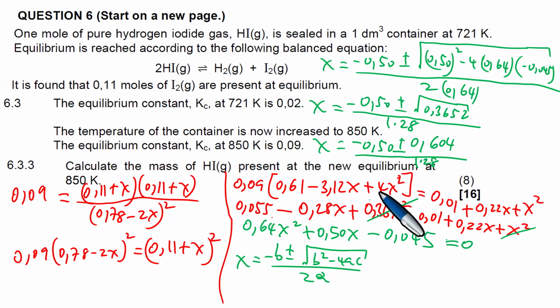Okay, so we can have negative, but we're dealing with concentration, so we shall only take the positive, so that our x is the same as, let's just do it quickly.